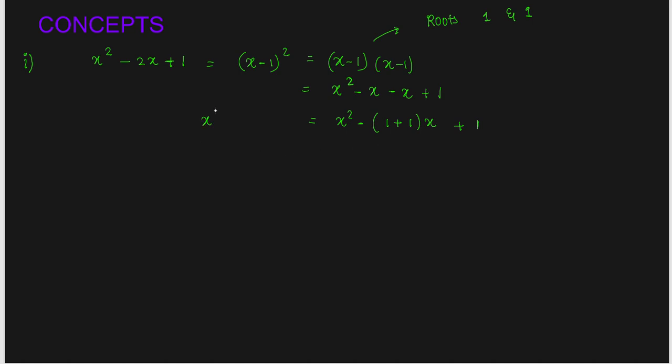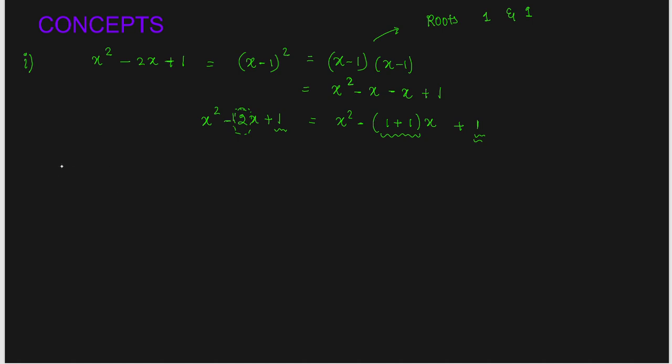Compare it with the standard equation, x square minus 2x plus 1. If you compare, this particular term is nothing but the sum of roots, isn't it? And this particular term is the product of roots.